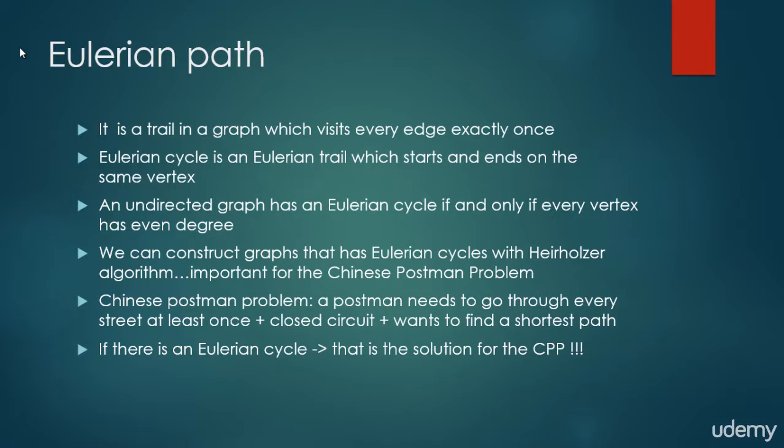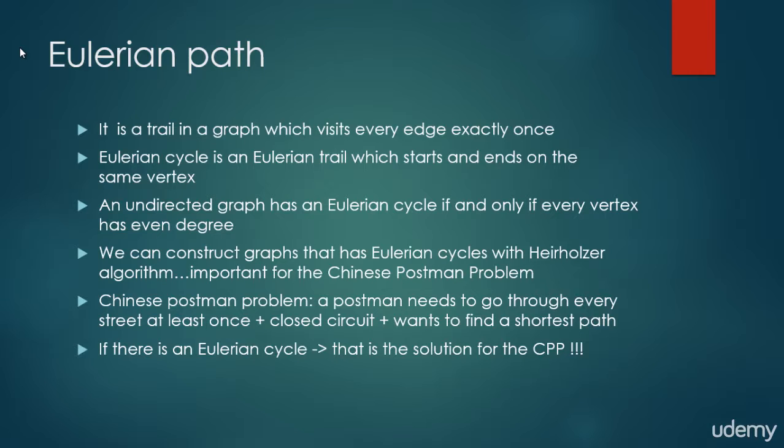An Eulerian cycle is an Eulerian trail which starts and ends on the same vertex. An undirected graph has an Eulerian cycle if and only if every vertex has even degree. The degree is the number of edges that are coming out of or going in to this vertex.